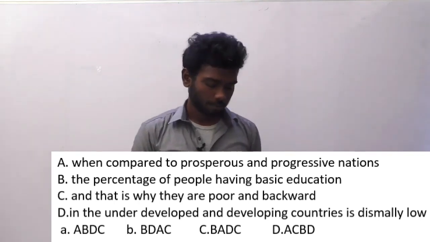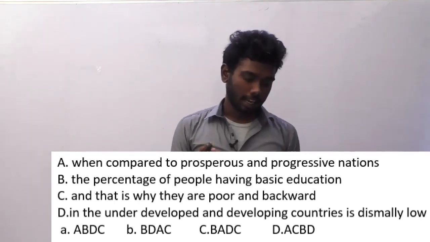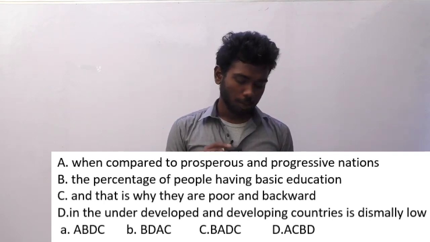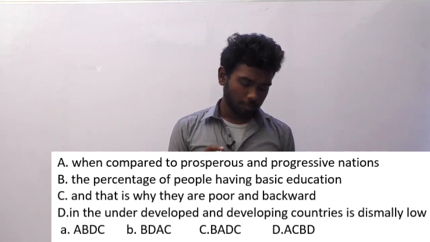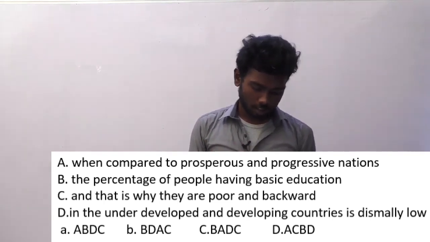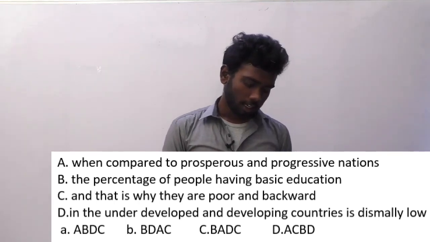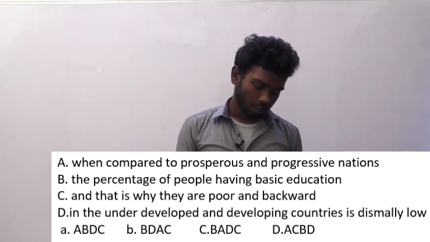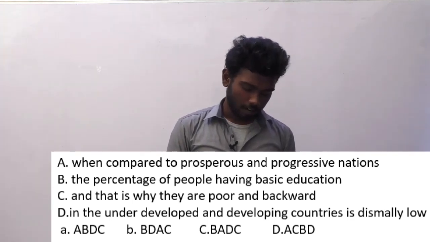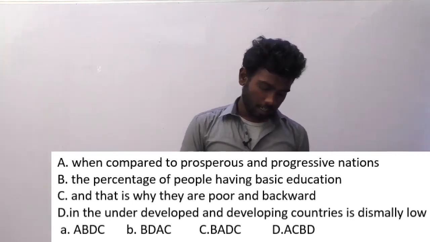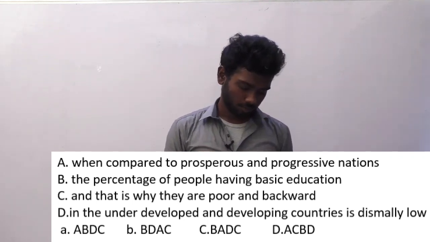Question number 1. Sentence A: when compared to prosperous and progressive nations is the first one. The second one is the percentage of people having basic education. Third one is, and that is why they are poor and backward. Fourth one is, in the underdeveloping countries is dismally low.